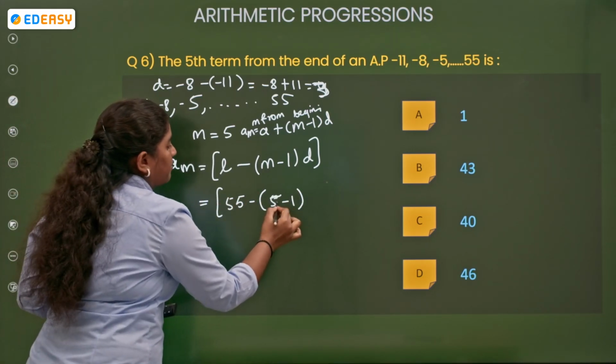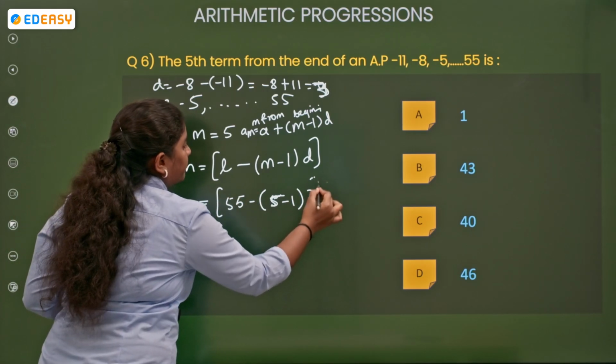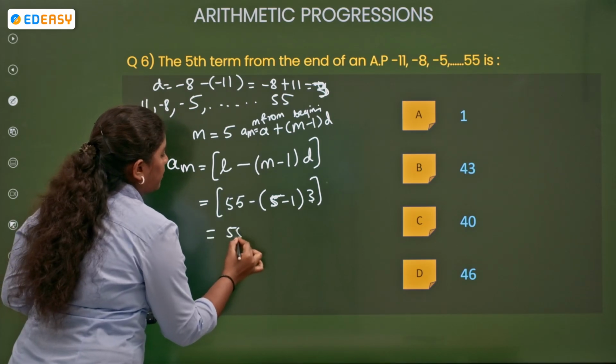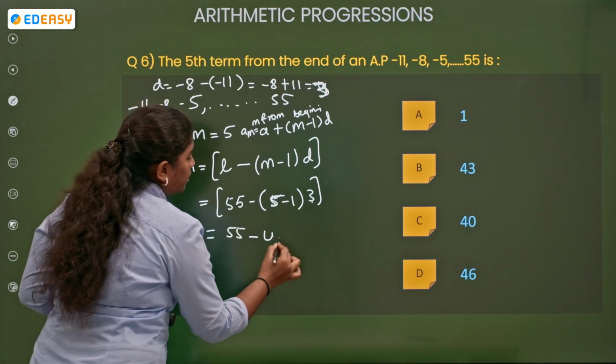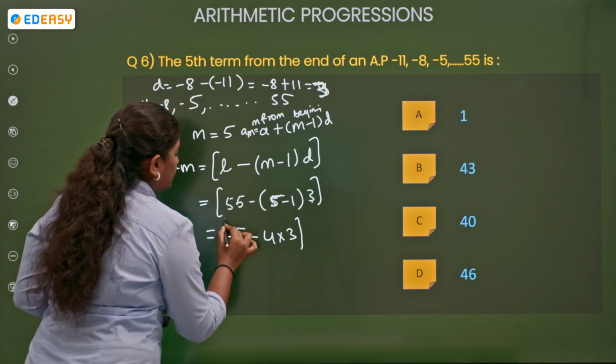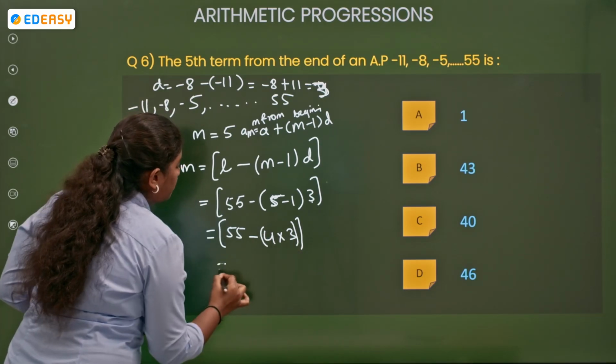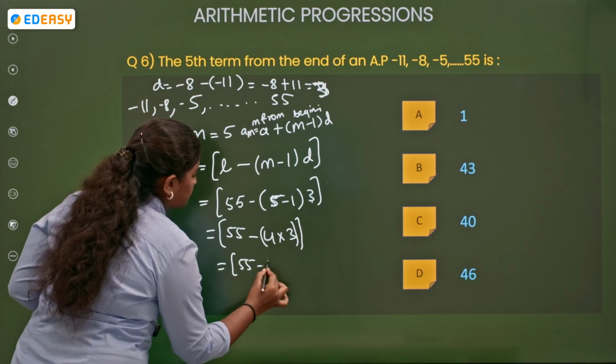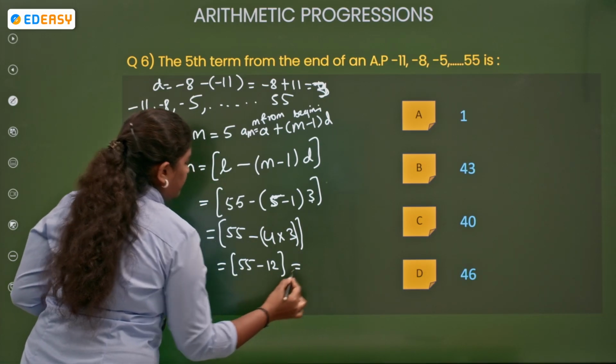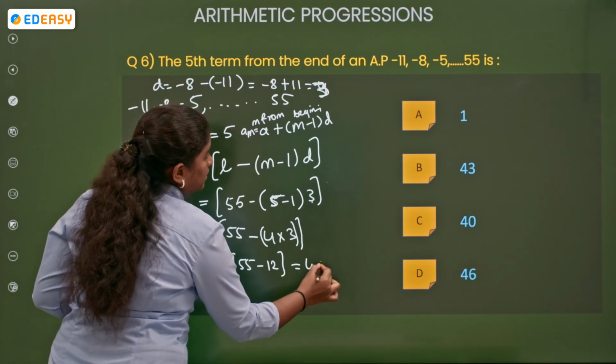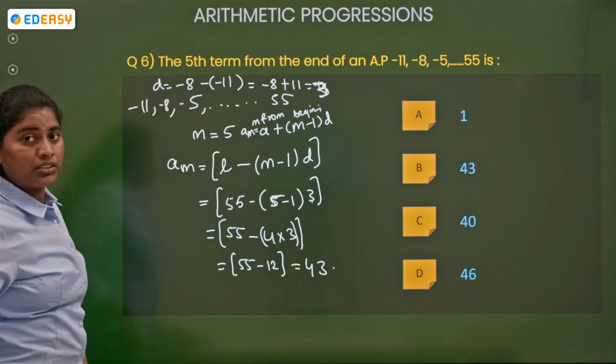Right? So 5 minus 1 into 3. Now 55 minus 4 into 3. Clear? So now 55 minus 12. How much? Yes, 43. Okay, understood.